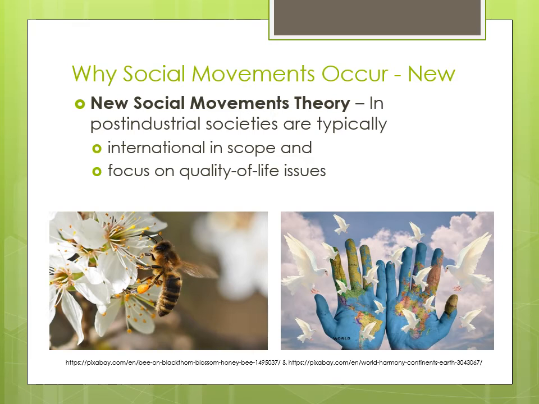And some of these changes have a lot to do with quality of life issues. So I have here an example of the Save the Bees movement and the environmental movement. Because we have now devices that are so advanced, we can actually influence people worldwide.